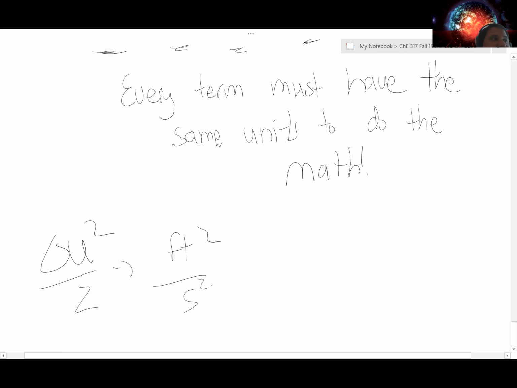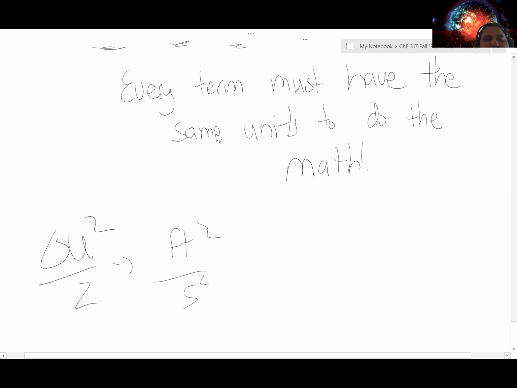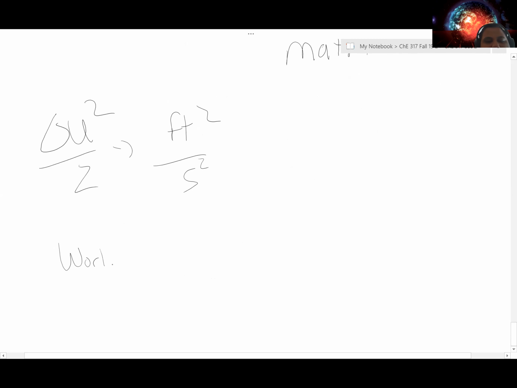That tells you that each of these terms should have units of length squared per time squared, which means your work is going to be length squared per time squared, which is really frustrating because you're going to say, well, how am I supposed to get foot-pounds out of this?